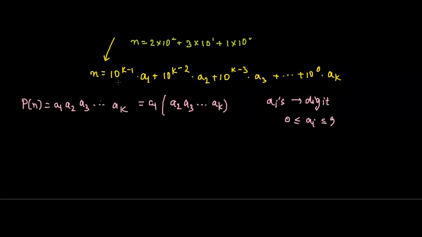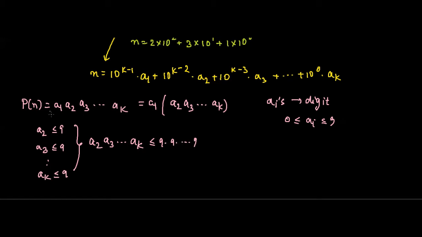So we can say that a2 is less than 9, a3 is less than 9, up to ak is also less than 9. If we multiply these terms, we get that a2 times a3 up to ak is less than 9 times 9 times 9. Since we are multiplying k minus 1 many terms here, we are multiplying 9 actually k minus 1 many times. So this is the same as 9 to the power k minus 1.